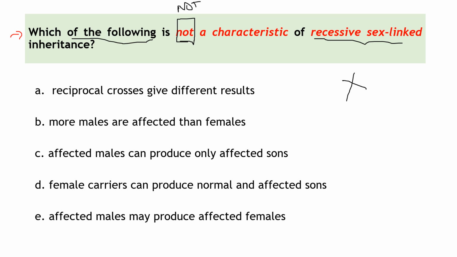So it has to be X and Y, it can be in females or males, and it has to be recessive, independent of each one of those. So they give you all of these options, and you need to think about it. In the following, I give you the answer.